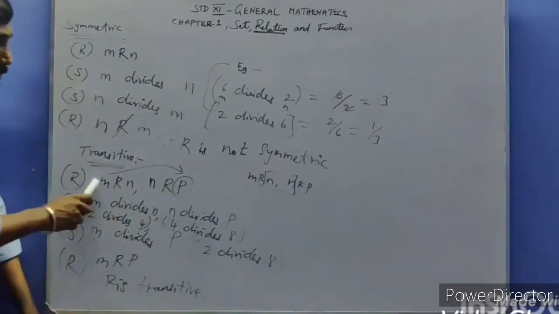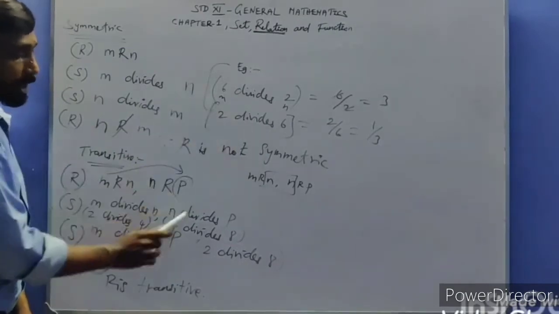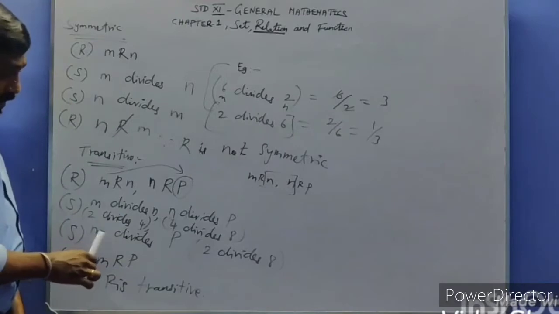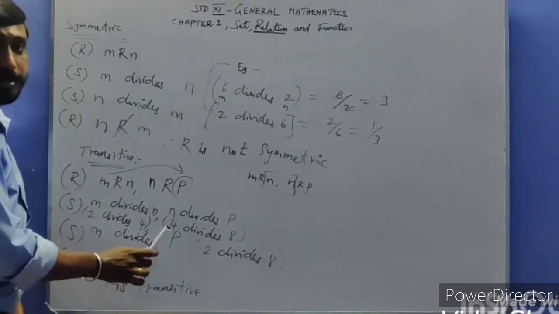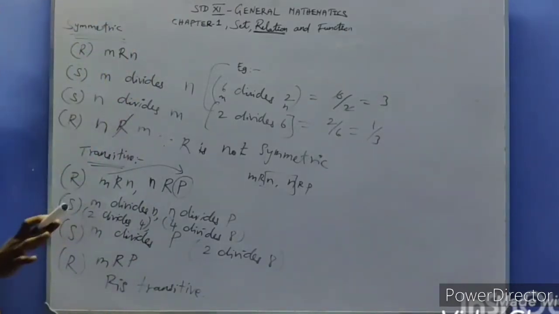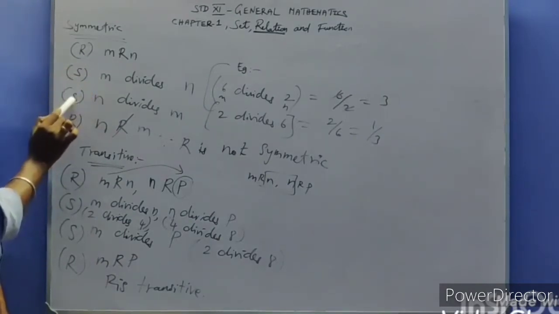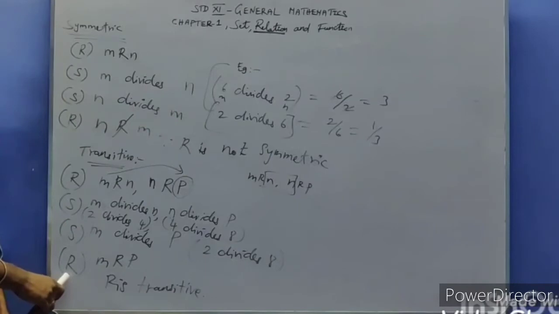But for transitive, M related to N, N related to P: M divides N, N divides P. So the next statement you have to write is M divides P, first person related to third person. So for symmetric and transitive, having both statements, it looks like a relation. Same procedure only. First relation, two statements, then relation. Transitive also: first relation and two statements, then we have to write the relation.